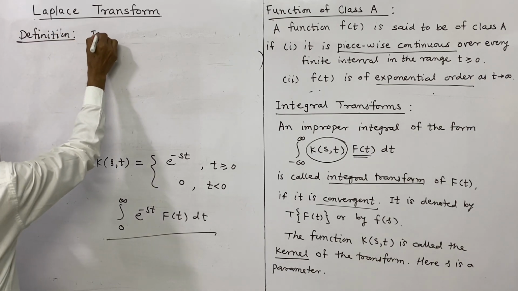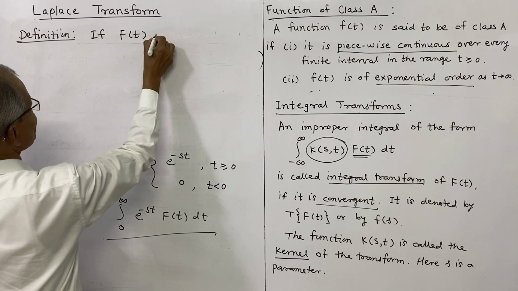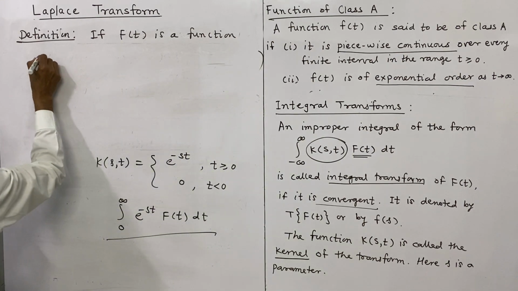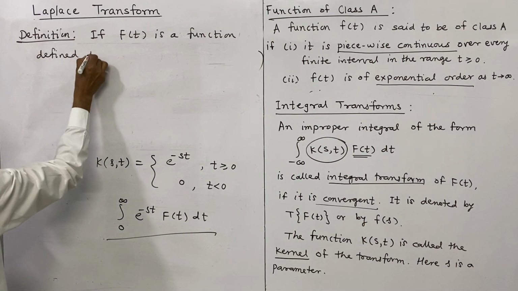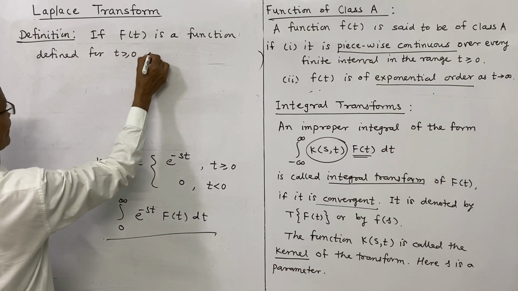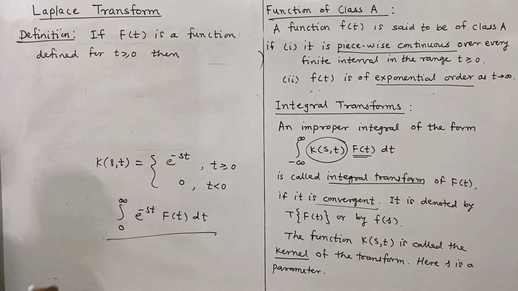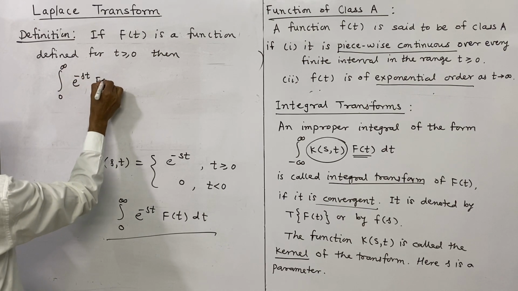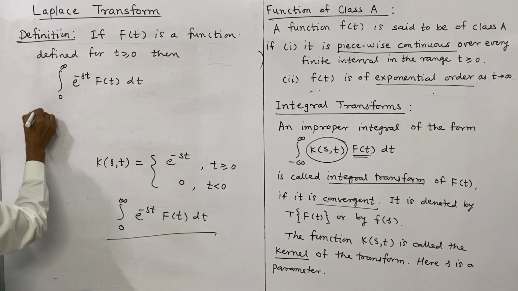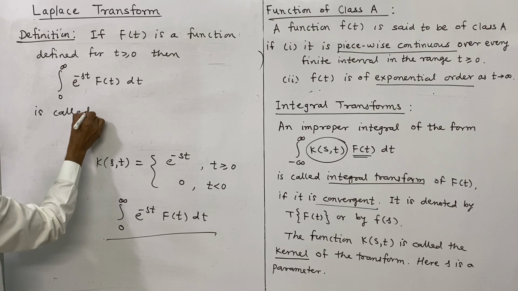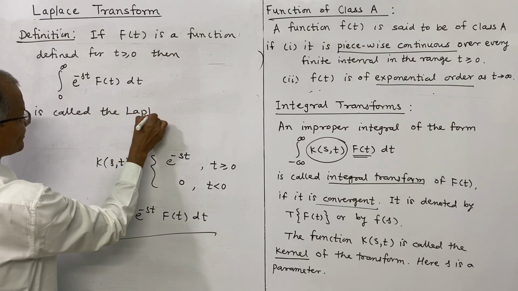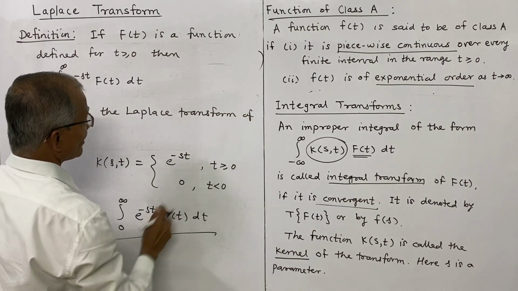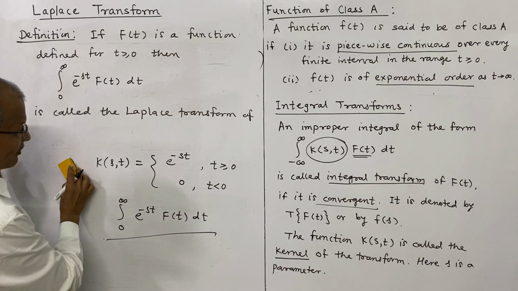If f of t is a function defined for t greater than or equal to 0, then the integral from 0 to infinity of e power minus st f of t dt is called the Laplace transform of f of t, capital F of t.